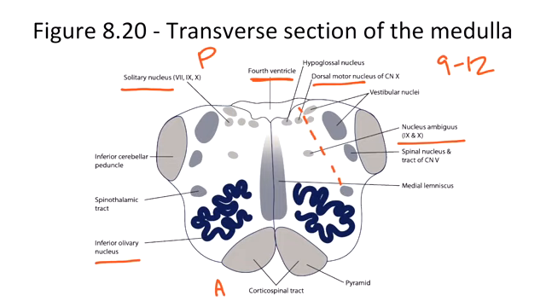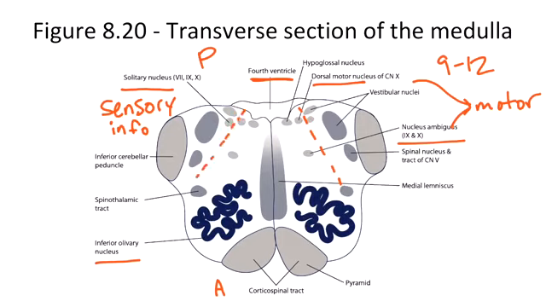Using this trick, we can easily deduce that the solitary nucleus must be involved in processing sensory information, as we just discussed, and also that the nucleus ambiguus and dorsal motor nucleus must be involved in processing motor information. Again, the sulcus limitans is about right here.